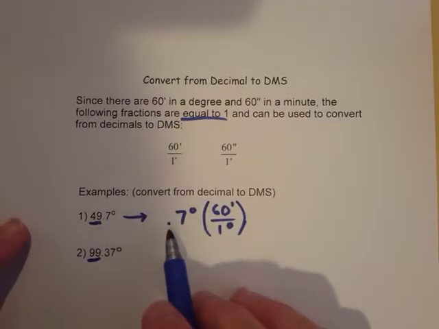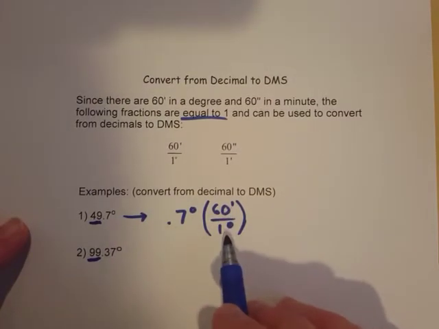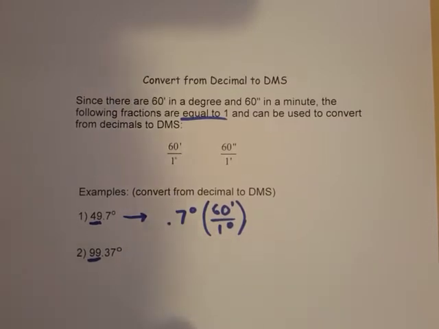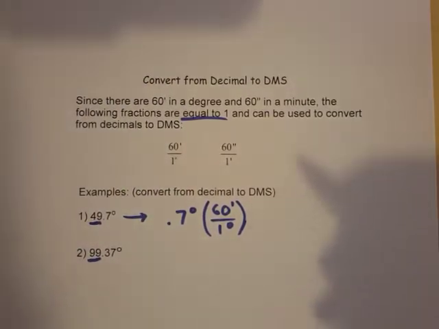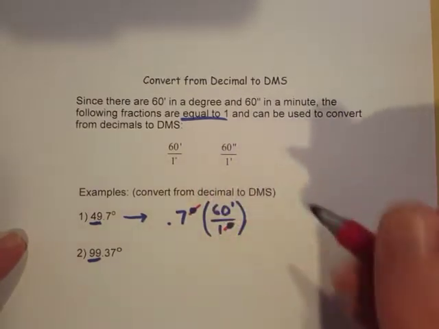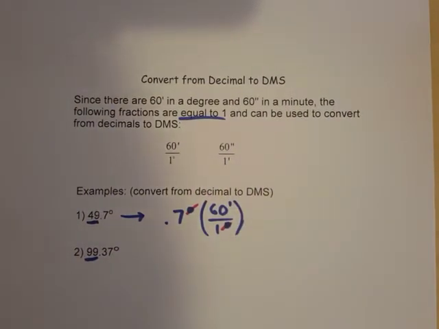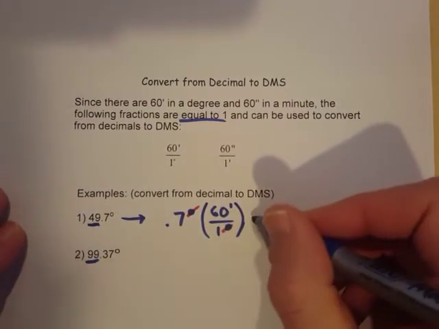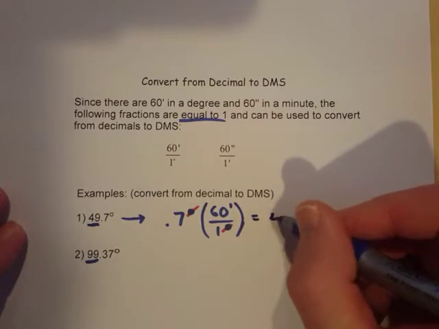And so we have 0.7 degrees times 60 minutes over 1 degree. Now, the trick here is that we're actually canceling out the units of degrees. So those are gone, and it's left us with just minutes. So essentially what we have here is 0.7 times 60, which is going to be equal to 42.